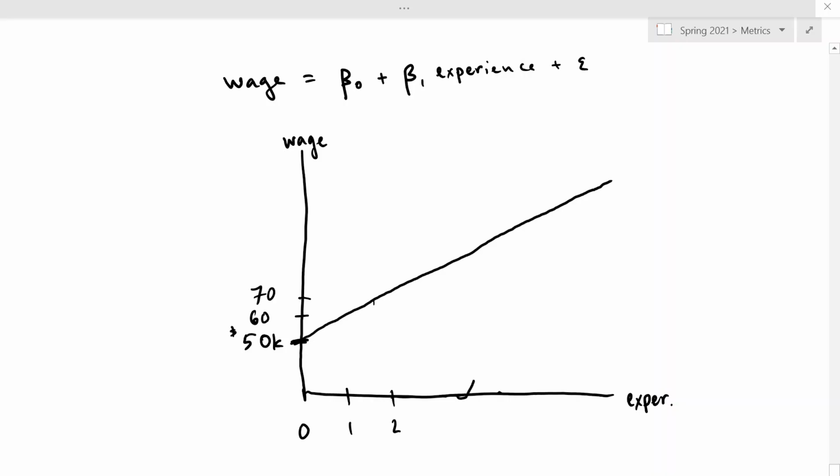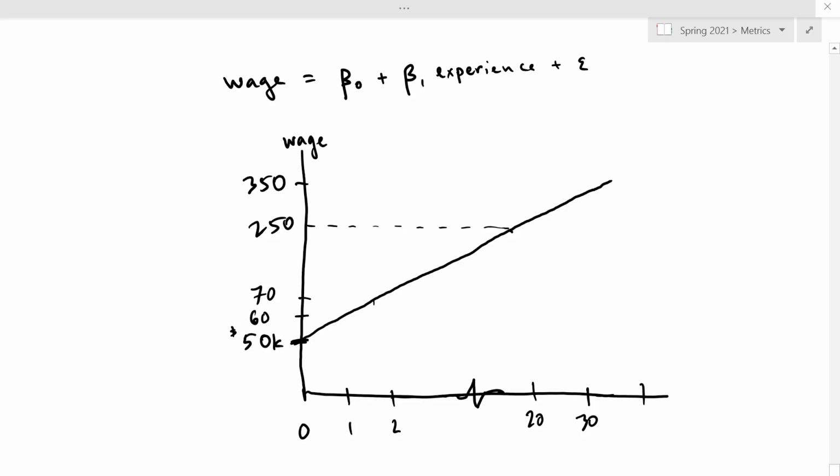And then you go on out, and after 20 years of experience, you've added $200,000. And so now you're at $250,000. After 30 years, you're at $350,000.